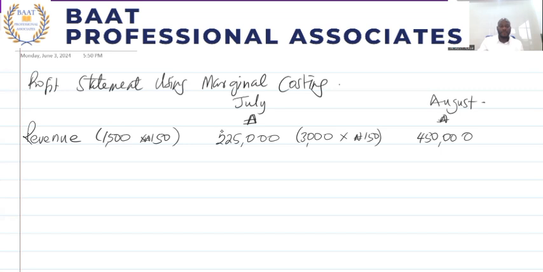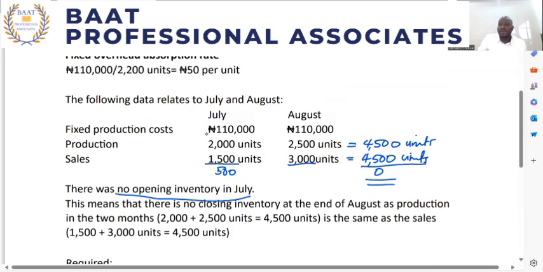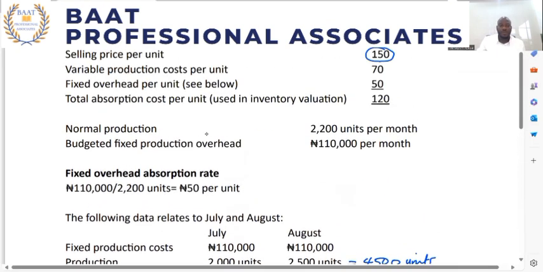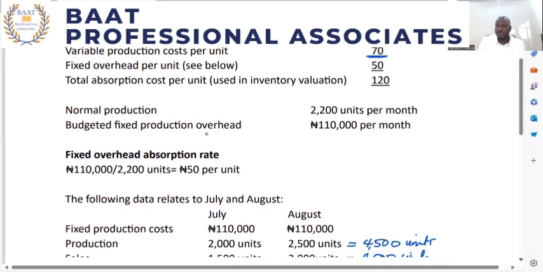Less our cost of sales. Cost of sales in July under marginal costing. Marginal costing makes use of variable cost. So what's our variable cost there? 70 naira. And what's our production?